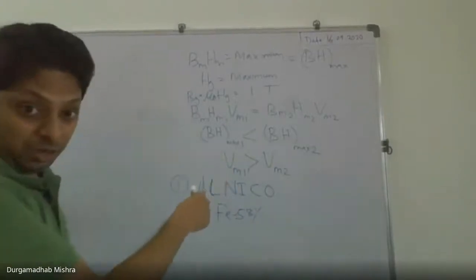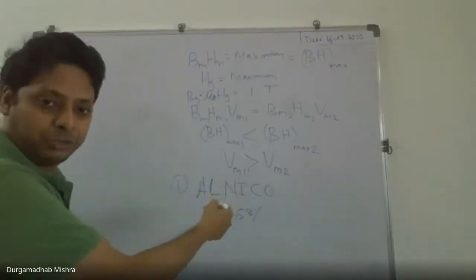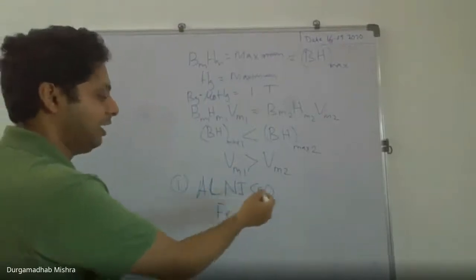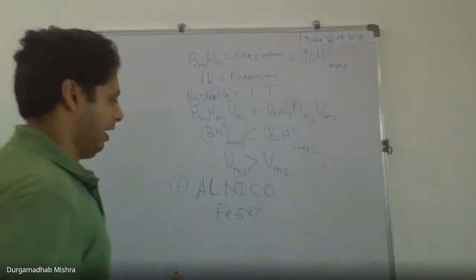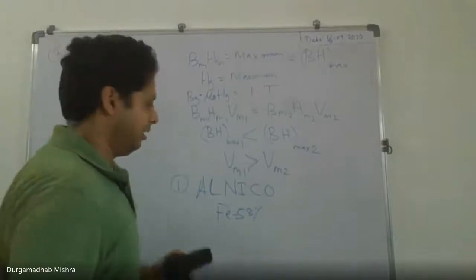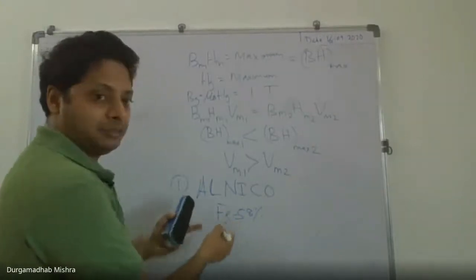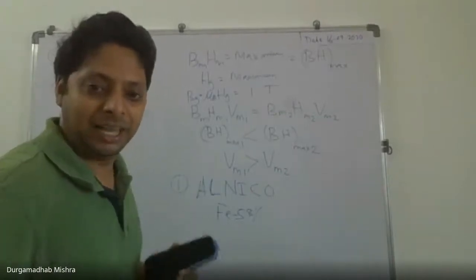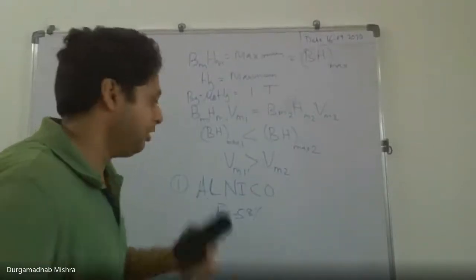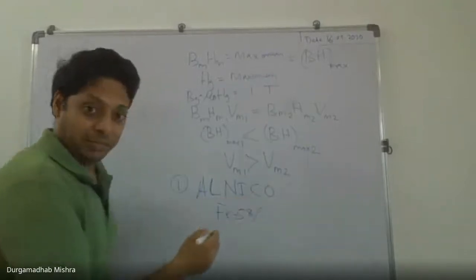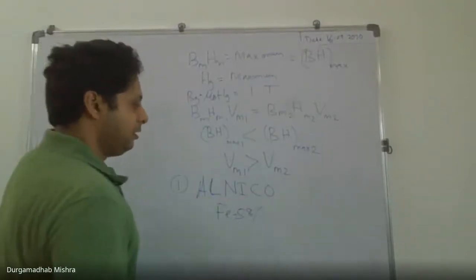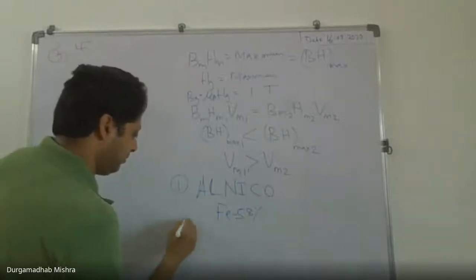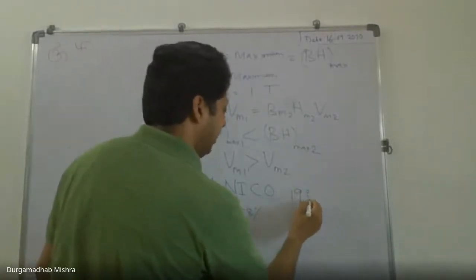Iron does not come into the name because the first one made was with aluminium, nickel, and cobalt. Later on, people added iron, aluminium, and copper, many other things like when you make an alloy, but the name still remains alnico. This was around the 1930s.